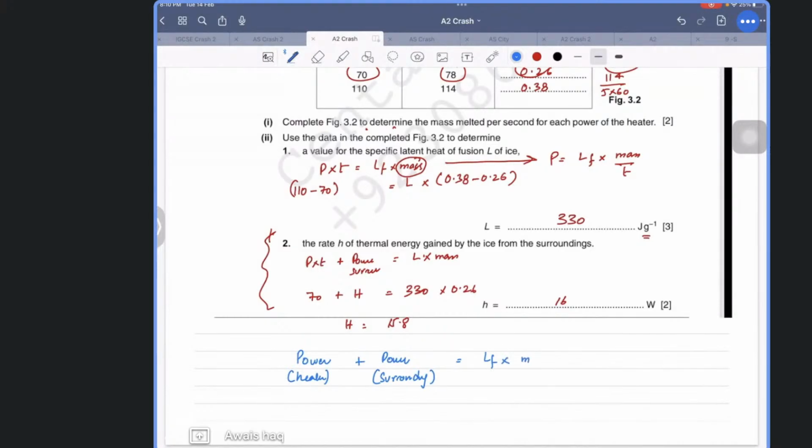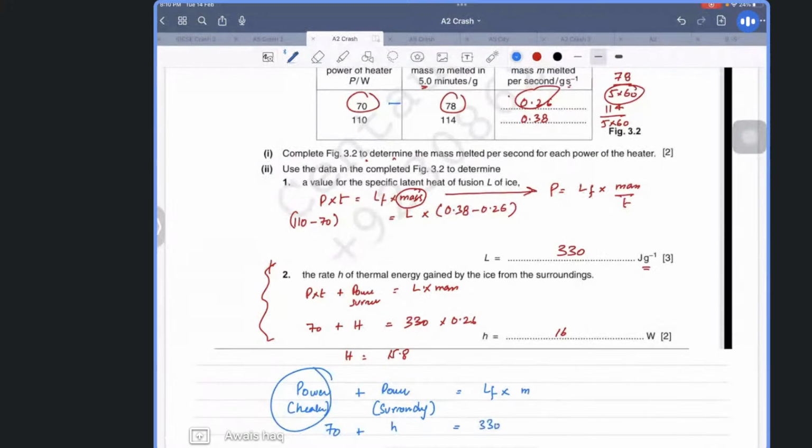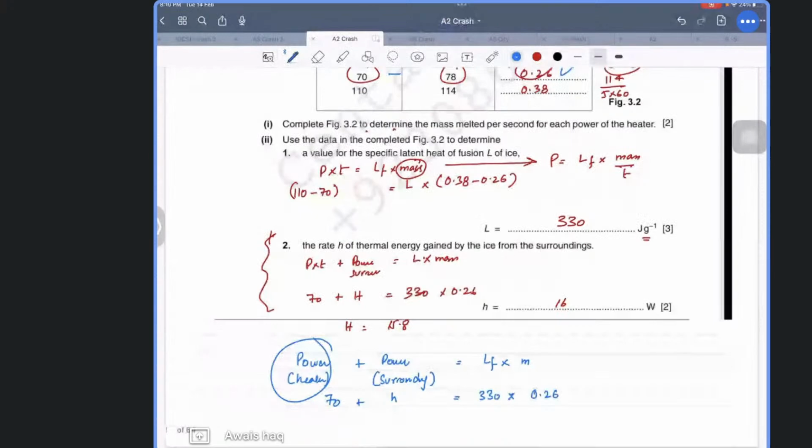Yes, sir. So what I did was I used one of the equations, like I used 70 when this power heater was this, and we don't know what the power of the surroundings is. We call that H, and we already found the latent heat of fusion, and the mass was this much. Mass flow rate or mass getting out. Okay, is that clear? So then I had to solve this. Yes, sir.